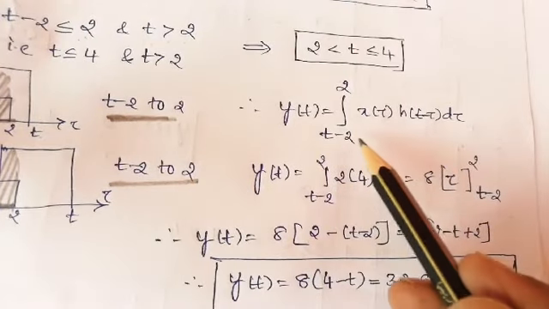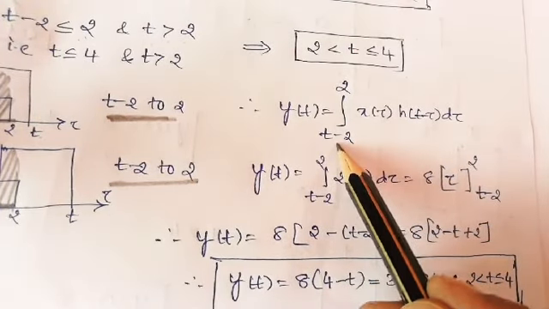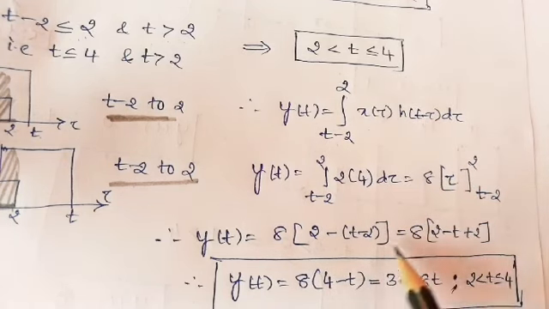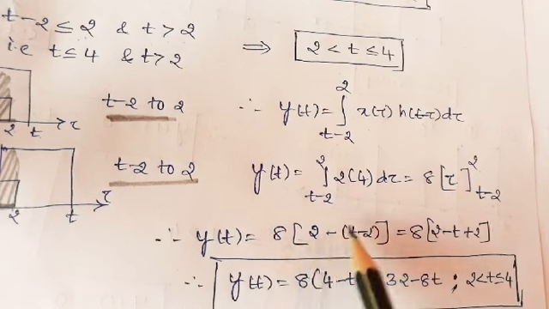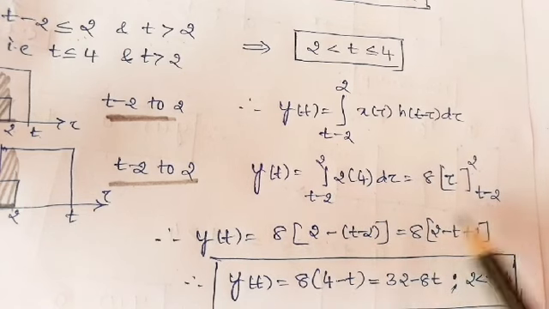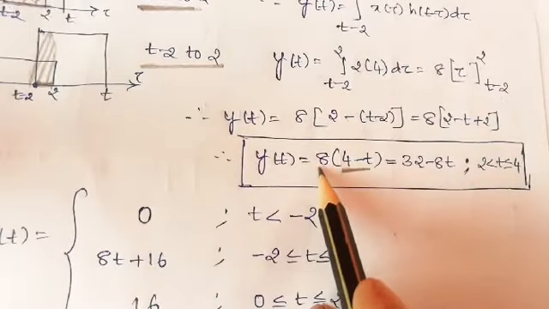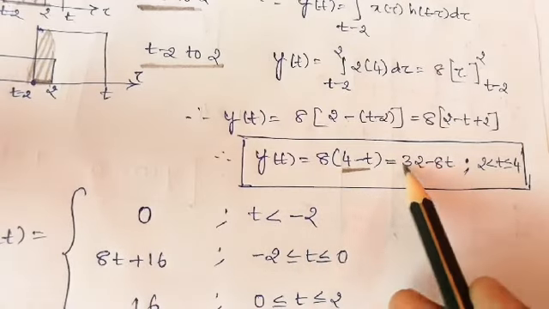Hence substitute in the equation: y of t equals the integral from t minus 2 to 2 of x of tau h of t minus tau d tau. 2 into 4 is 8, limits t minus 2 to 2. Substitute 2 minus of t minus 2, which is 4 minus t. 8 into 4 minus t, multiply: 32 minus 8t.